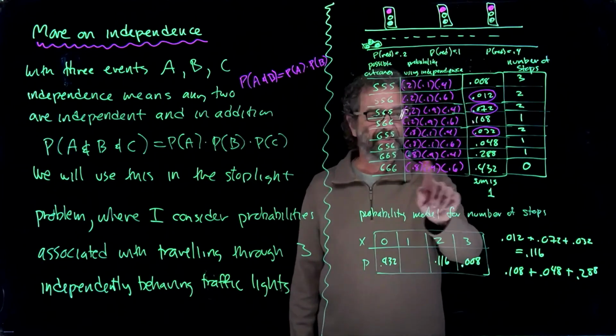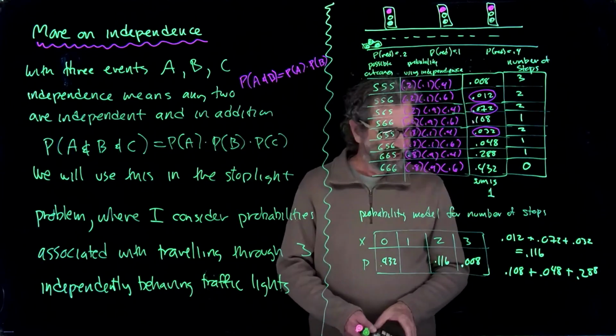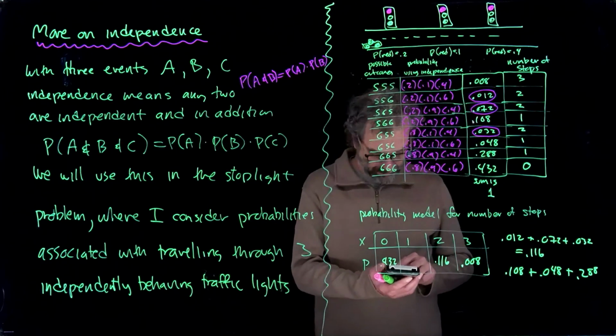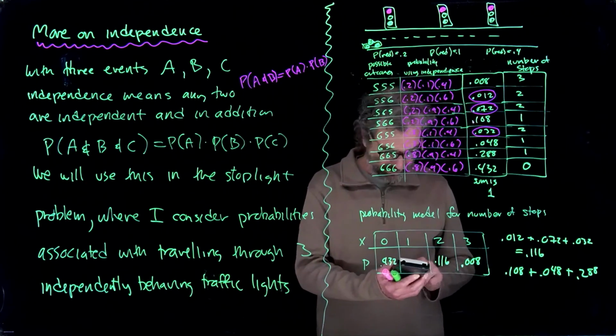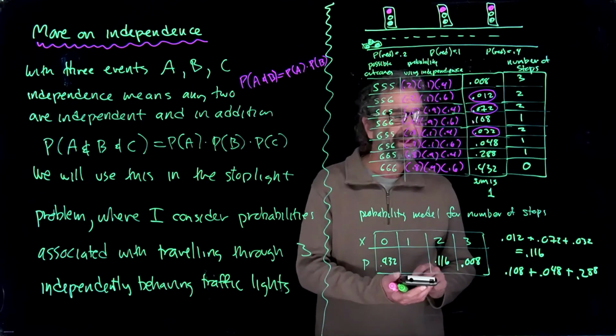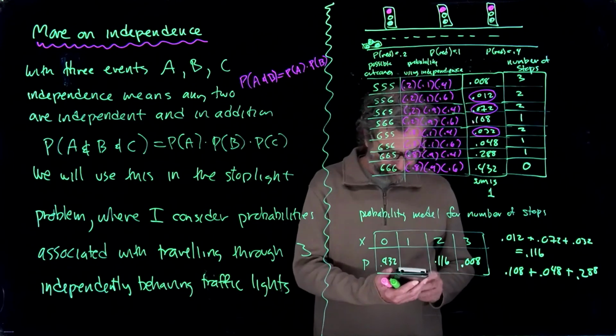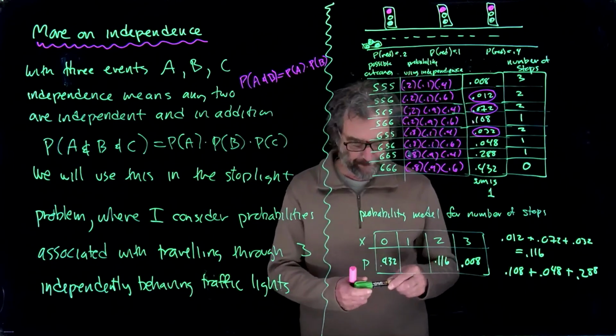So this whole process is likely to happen. And we'll add them up. 0.108 plus 0.048 plus 0.288. Double checking things. 0.444.